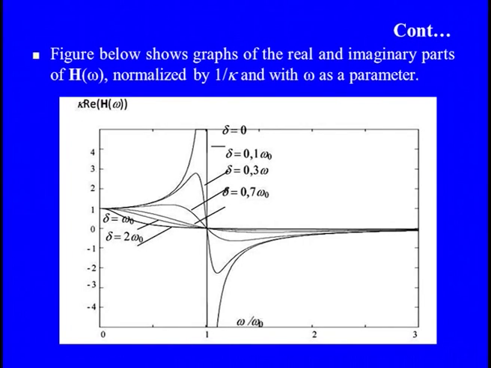And then in this figure we can show the real and imaginary part of our frequency response function, which can be normalized by multiplying by the stiffness. You can see that we have the real part here in the first figure. When you multiply the stiffness into the real part and plot against the frequency ratio, you can see that if damping is not available in the system, the real root, which shows the free vibration condition, has the maximum excitation at the resonant condition.